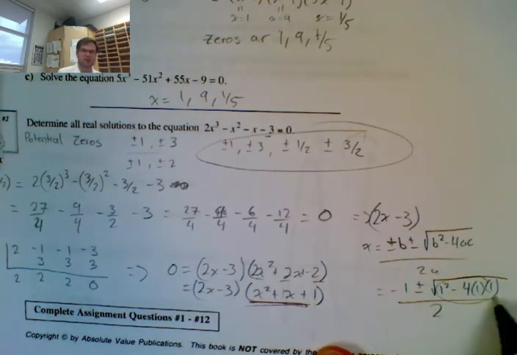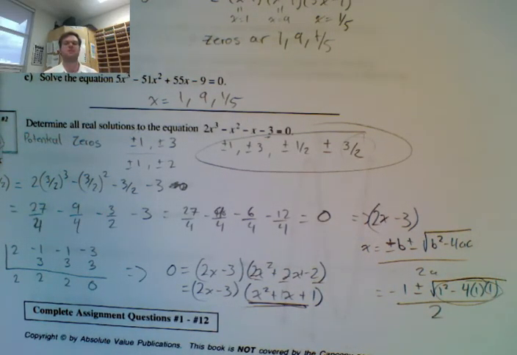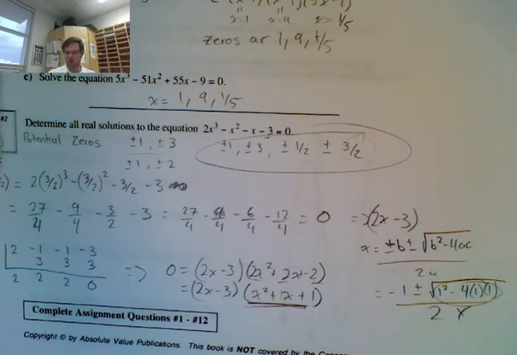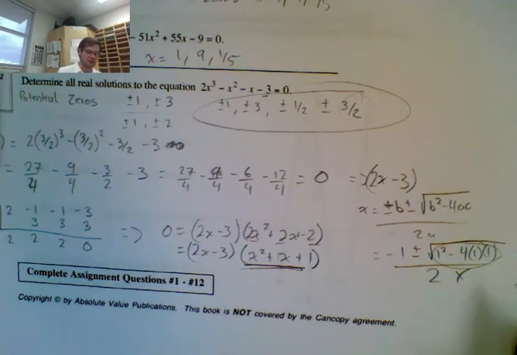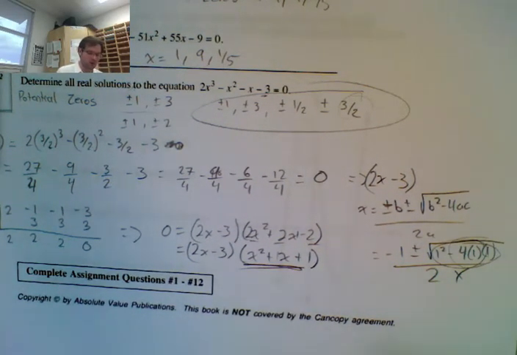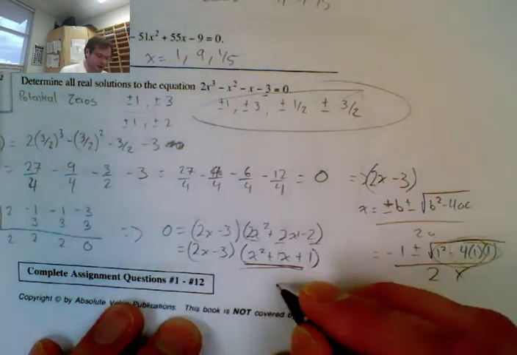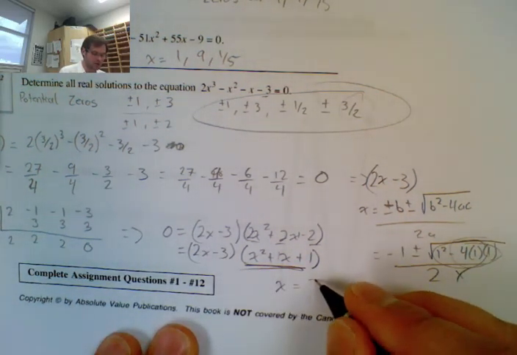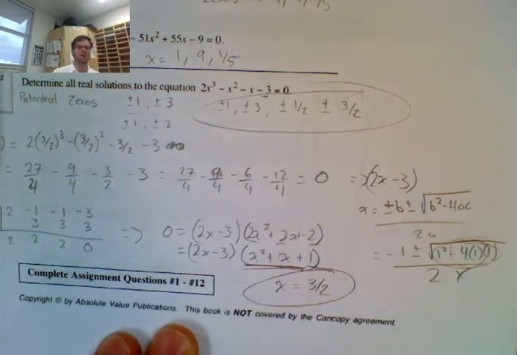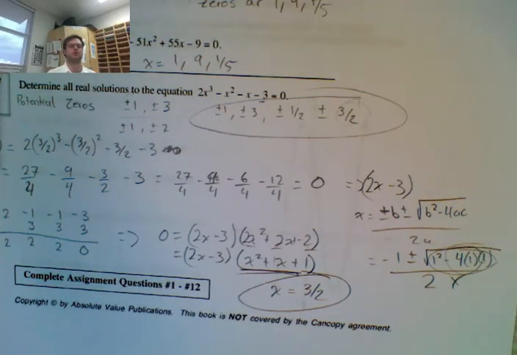But if I look at this here, if you remember from back before, that's going to give me a negative inside the square root, so that is impossible. So theoretically, there's only one real solution to this, because we can't square root a negative. So x can only be equal to 3 over 2, and that is my only solution to this equation.